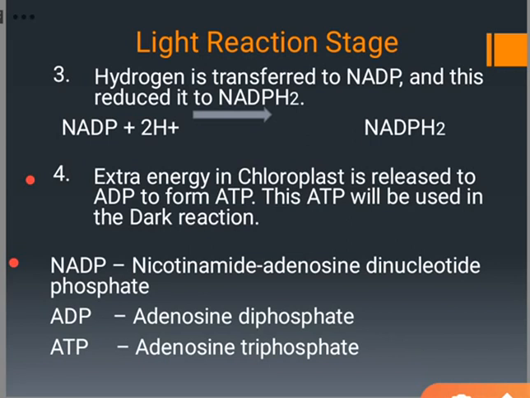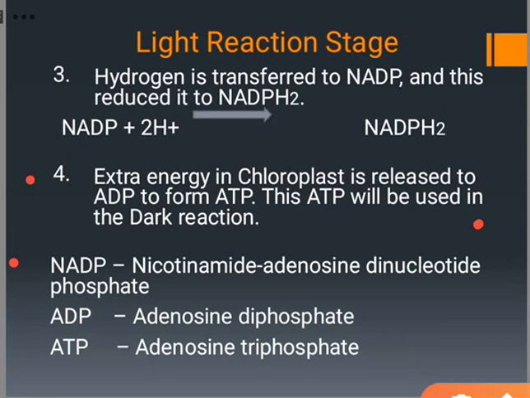The extra energy that remains in the chloroplast is released to ADP to form ATP, which is a biological energy. This ATP will be used in the dark reaction.